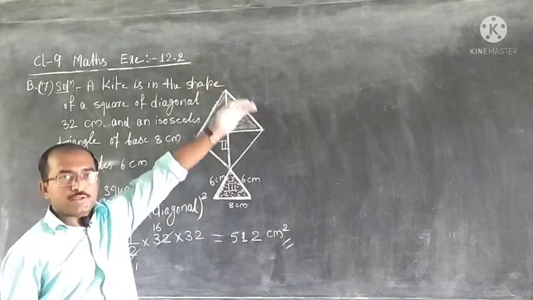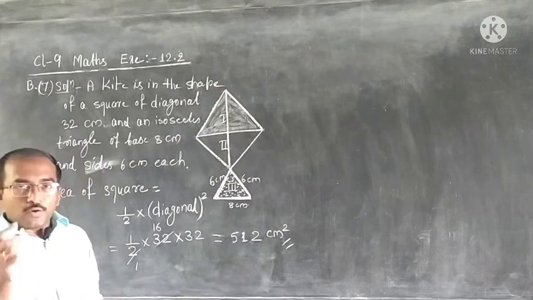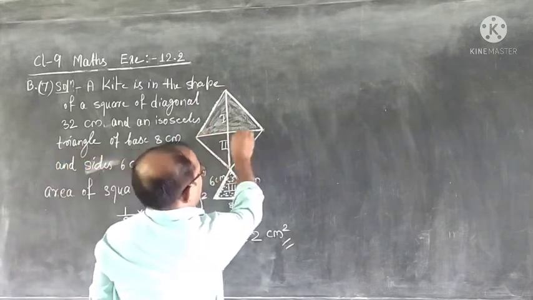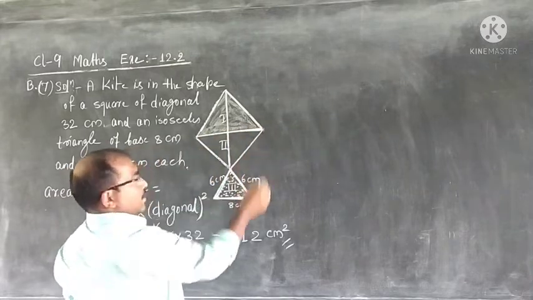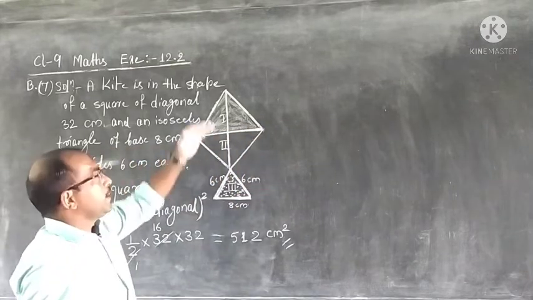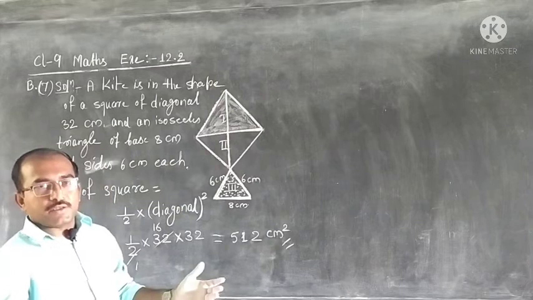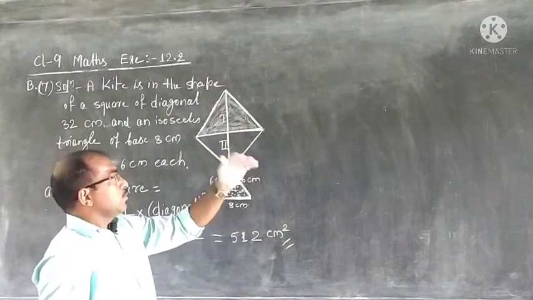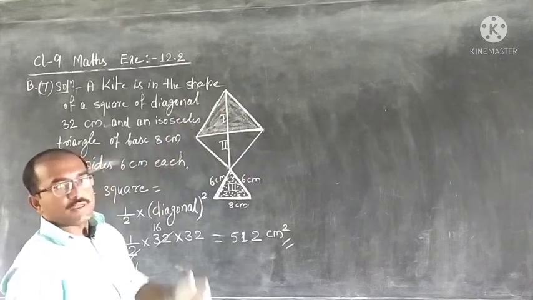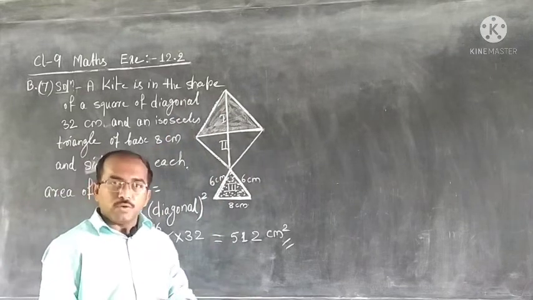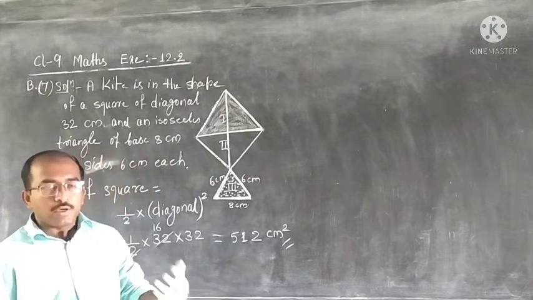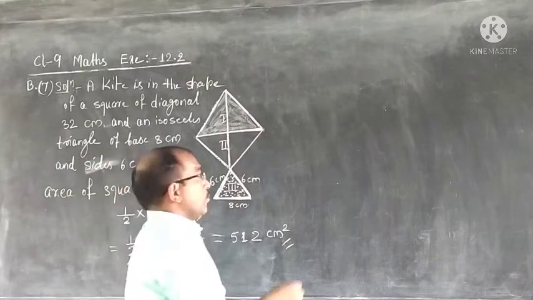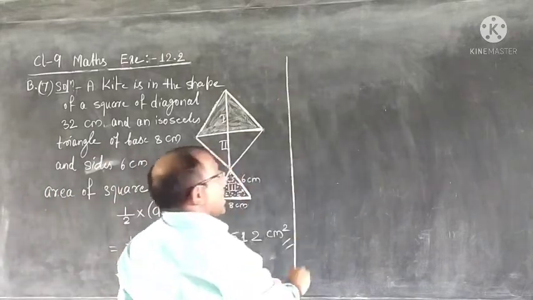This is the area of the square portion. And also, one diagonal of a square divides it into 2 congruent triangles. Remember all these properties, otherwise all of a sudden you will see that this triangle's area is equal to this triangle's area, and we will simply wonder why it is happening. That is the property of the diagonal of a square.